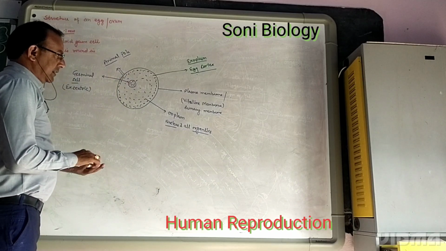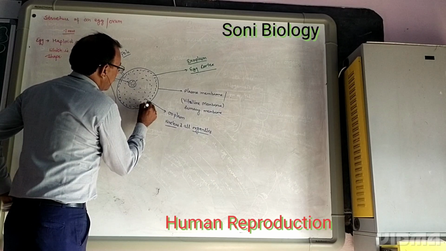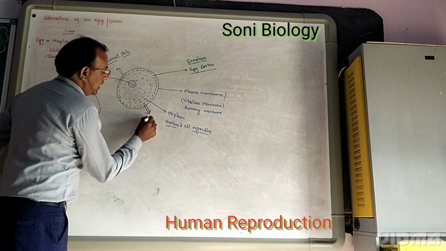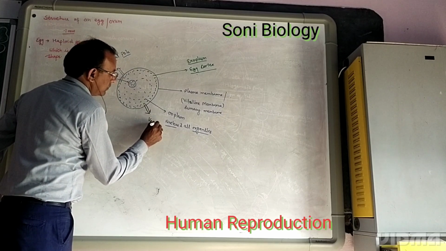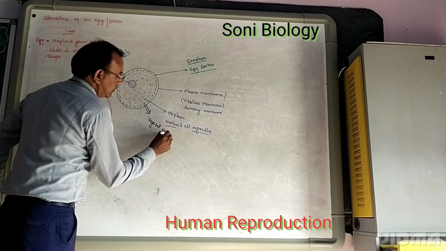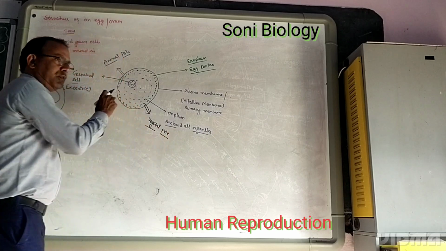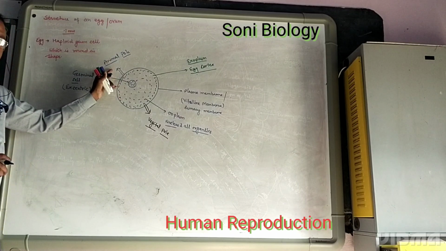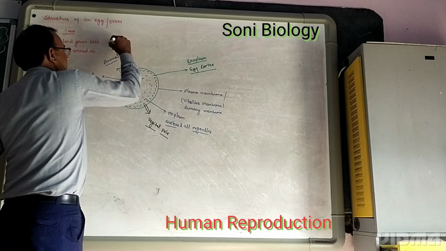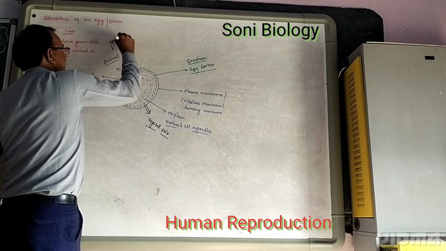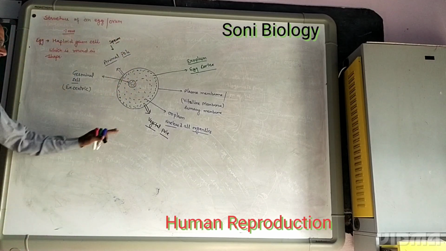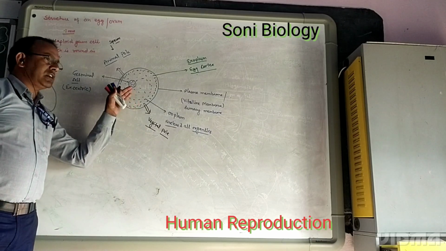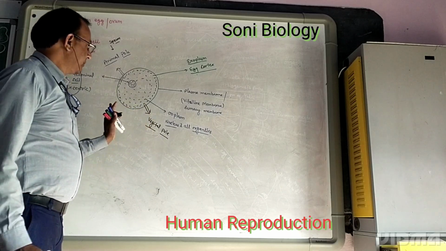The other end, which is away from the nucleus, is called the vegetal pole.